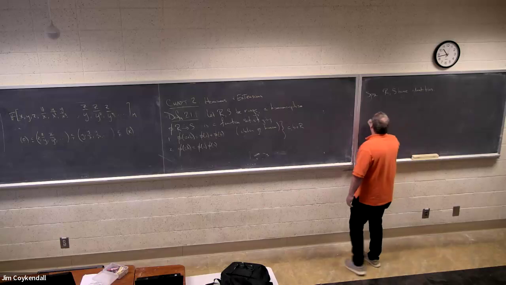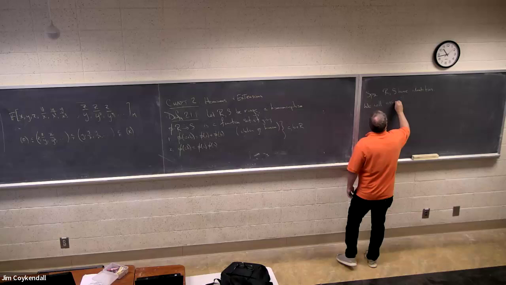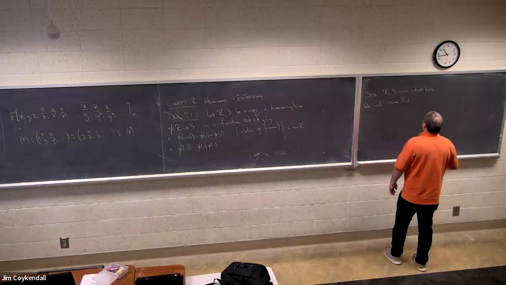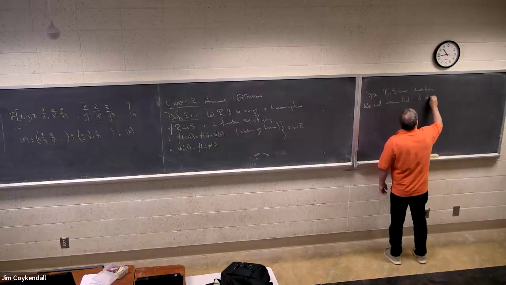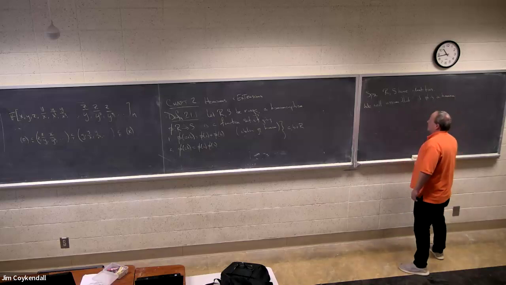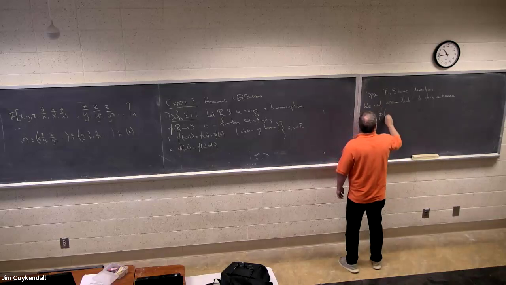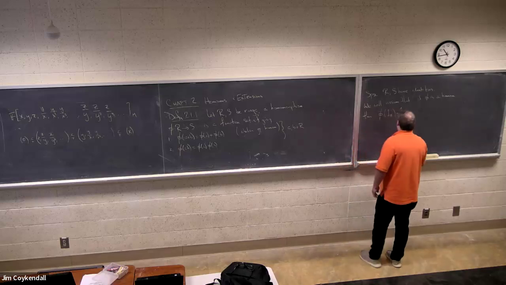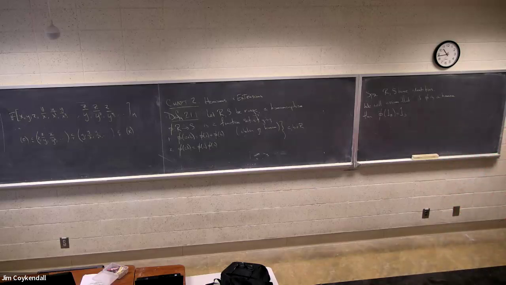We will assume that if phi is a homomorphism, then I'm going to assume that a homomorphism takes the identity to the identity.